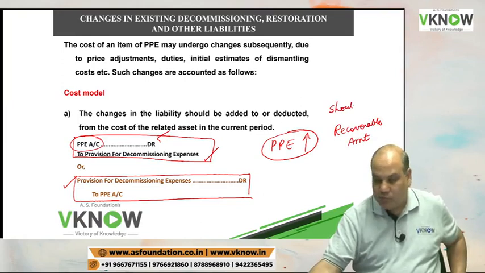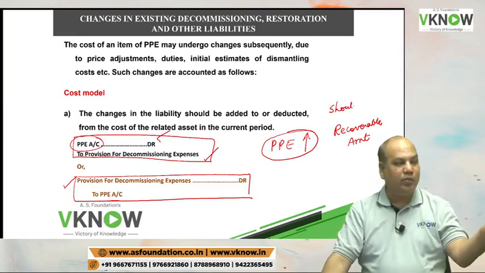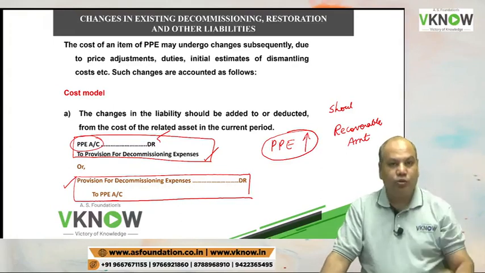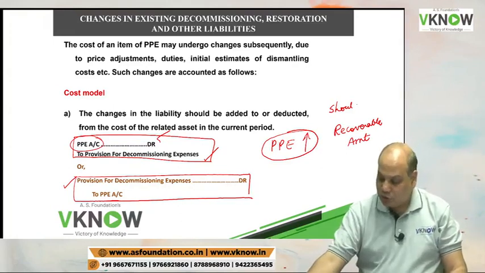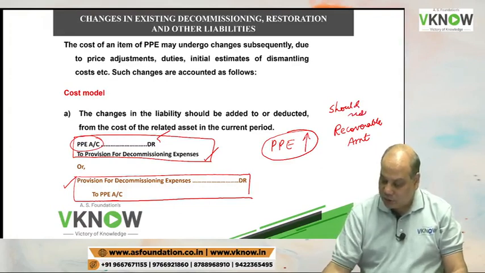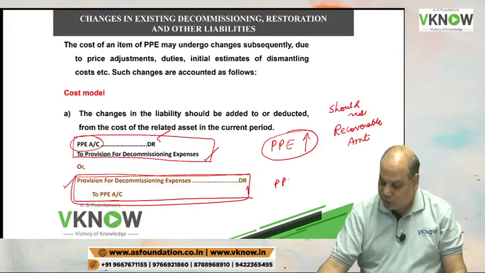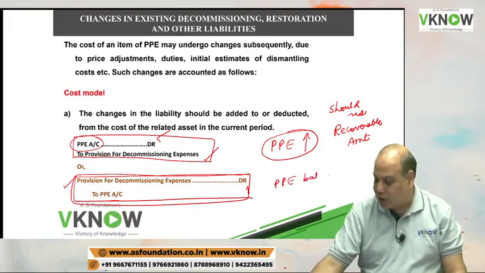If the recoverable amount you can recover from that asset is 1 lakh, you can't increase it to 5 lakh rupees. And with the other entry, PPE balance should not become negative.